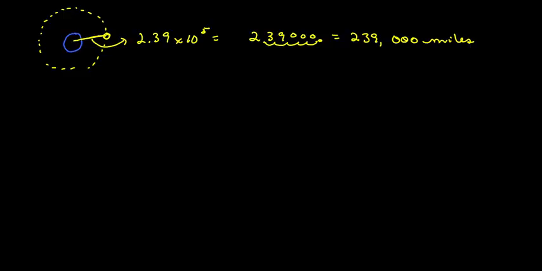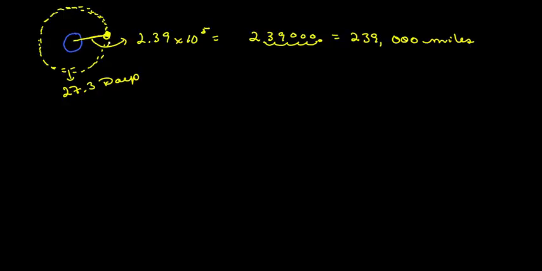Okay, next, we've got that it takes 27.3 days to orbit. So the length of time it takes to go around is 27.3 days. The question is how fast is the moon traveling in miles per hour? So first we'll figure out what is the total distance the moon has to travel to make one revolution.